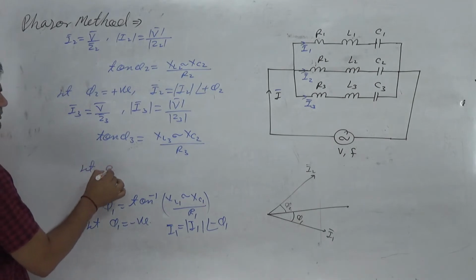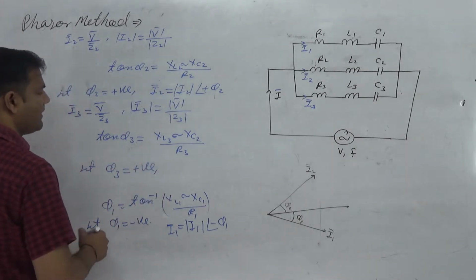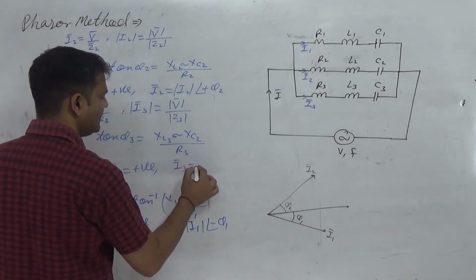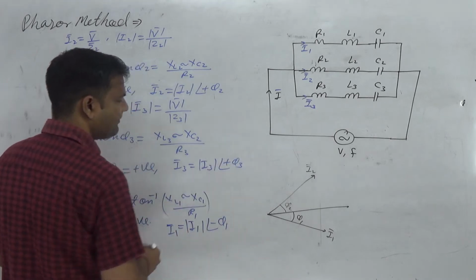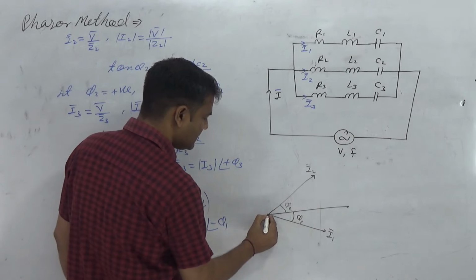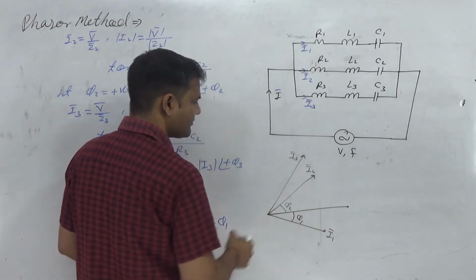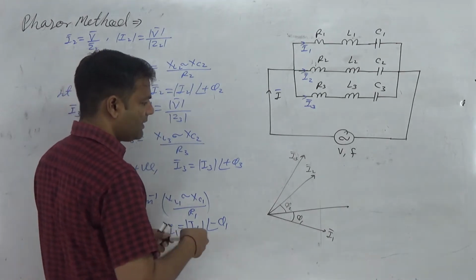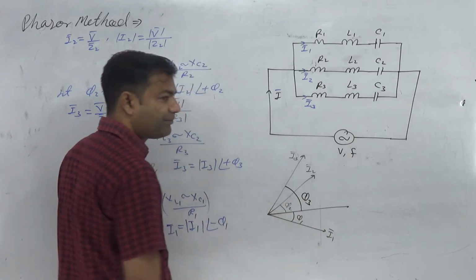Suppose phi3 is positive, then I3 is written as mod I3 at the angle plus phi3. So if you draw I3 like that, the angle is phi3.